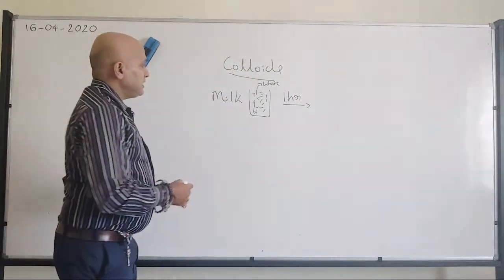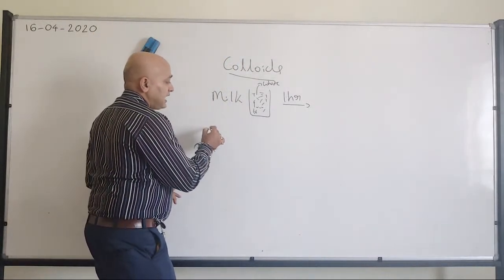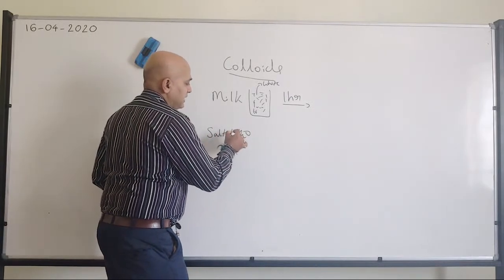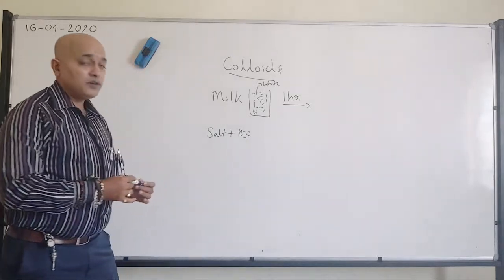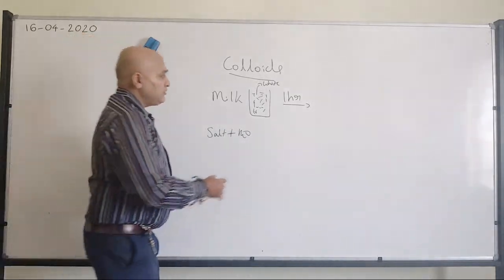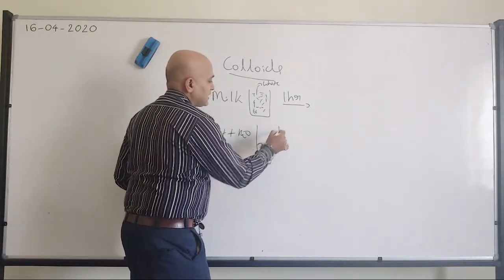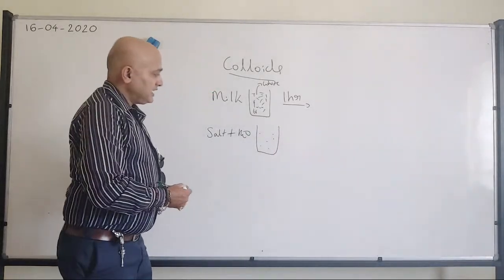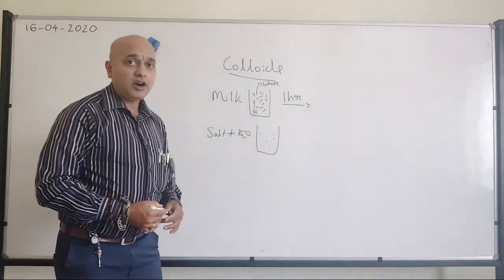Now in the same way, I will have salt plus water, present once again in a similar glass. Right? So to indicate something is there, I have written the dots.